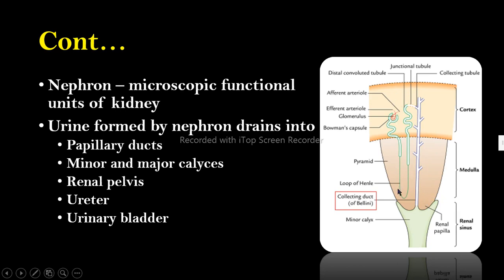And all these collecting ducts, they will all drain into the renal calyx, which is connected at the base of the renal pyramid. Now the renal calyx, as usual, will drain into the pelvis, and the pelvis into the ureters.